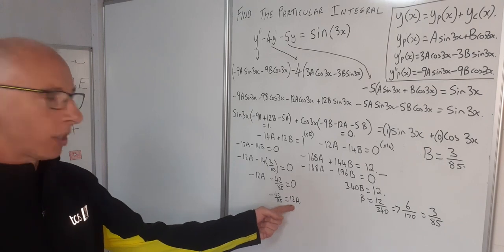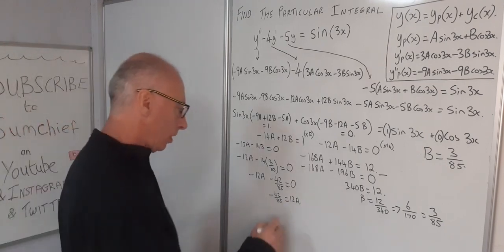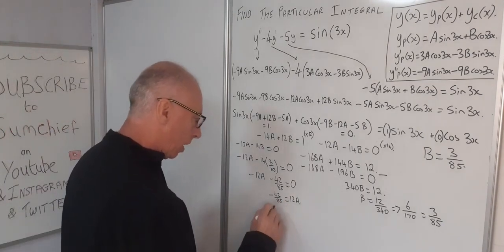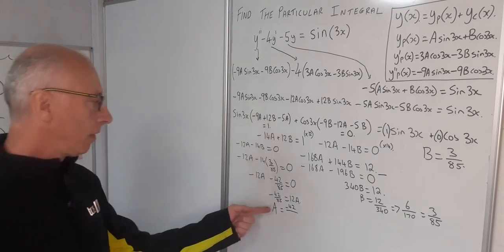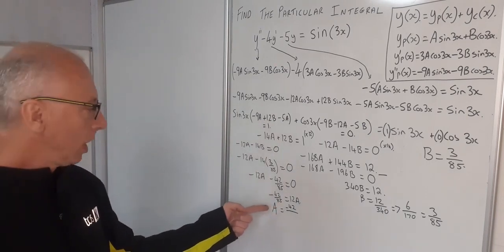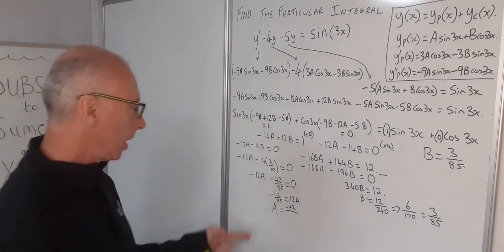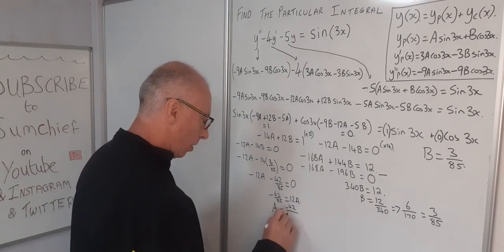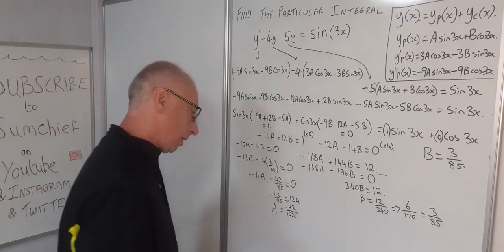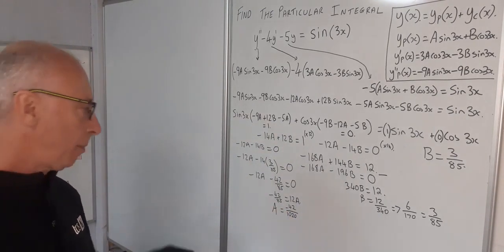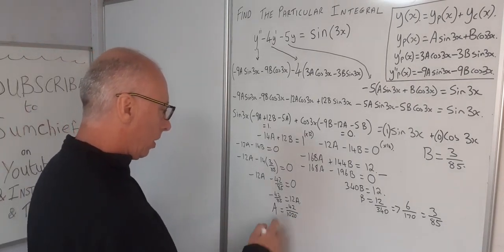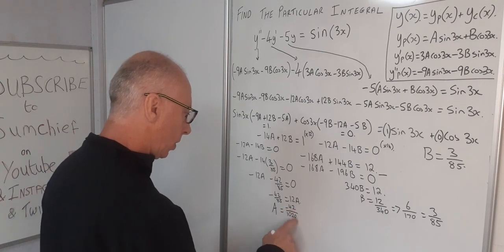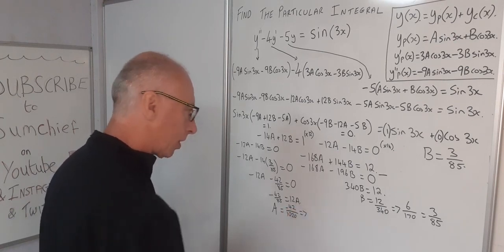Now to get a on its own, I just need to divide both sides by 12. So now I'm going to write my a on this side. So a equals minus 42 over 85 times 12, well that's 850 plus 170, that's 1020. Okay, if I've made a mistake there, put a comment below. So now let's see if we can divide this up. 42 and 1020 are both even, so let's go one step at a time like we did here.